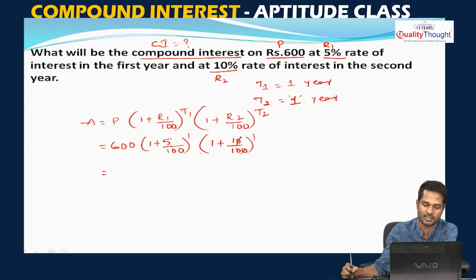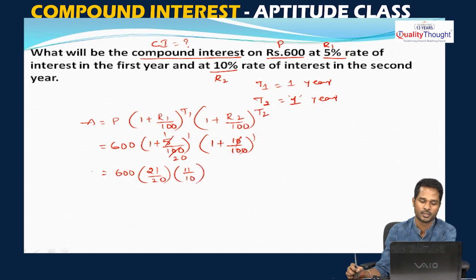The zeros will cancel: 5 ones are 5, 5 twenties are 100, so this is 600 into (1 plus 1/20), which is 21 by 20, into (1 plus 1/10), which is 11 by 10.